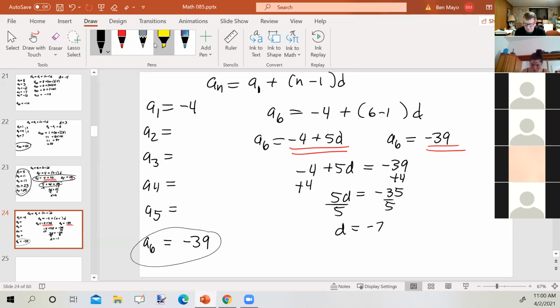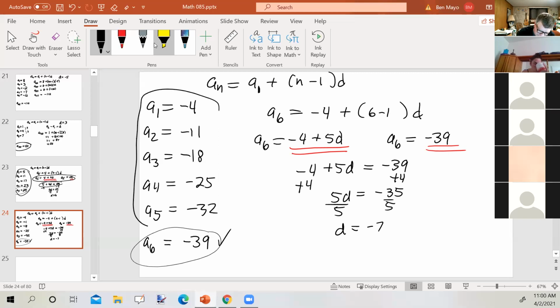Any question about how I found d? So if a sub 1 is -4, a sub 1 plus d, so -4 plus -7 is -11. -11 plus -7 is -18. -18 plus -7 is -25. -25 plus -7 is -32. -32 plus -7 is -39.